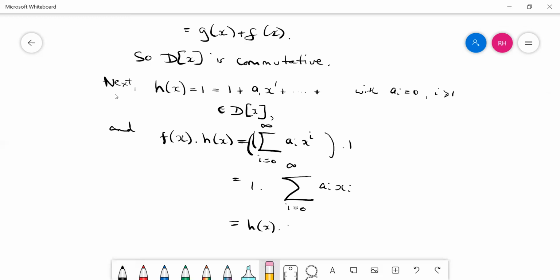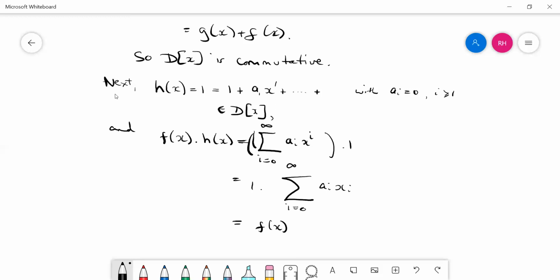Well, actually, it equals that. So you really have to show that f(x) times 1 is equal to f(x), and 1 times f(x) is equal to f(x). So I've done that all in all of that, and so that equals f(x).